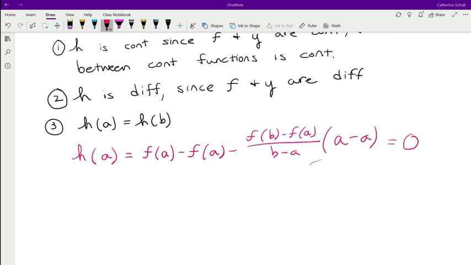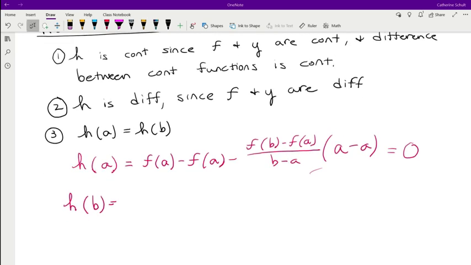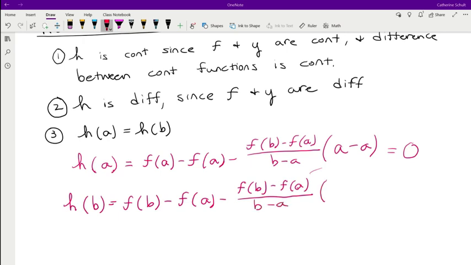And then also h of b. So we can find that really quick. Let's see, f of x will become f of b. And then x minus a will become b minus a. b minus a cancels with the numerator.